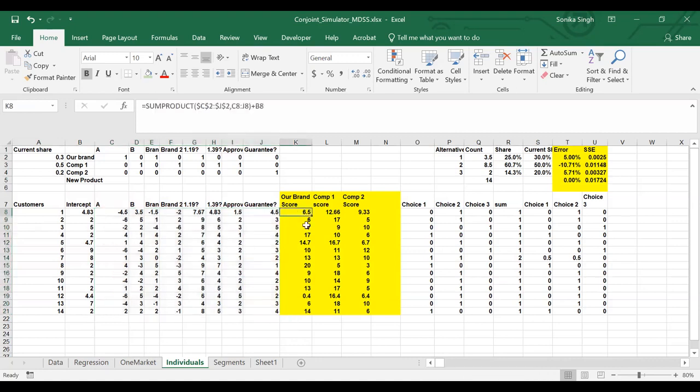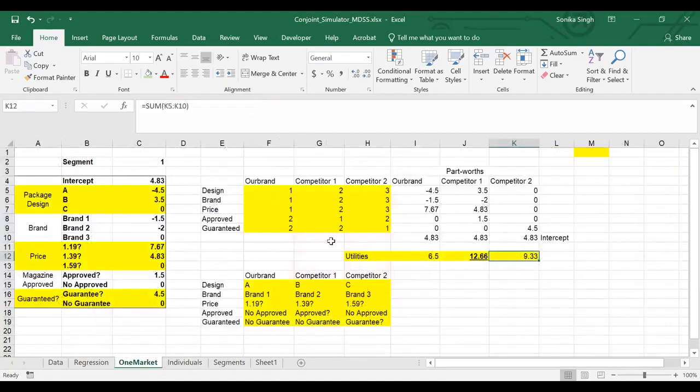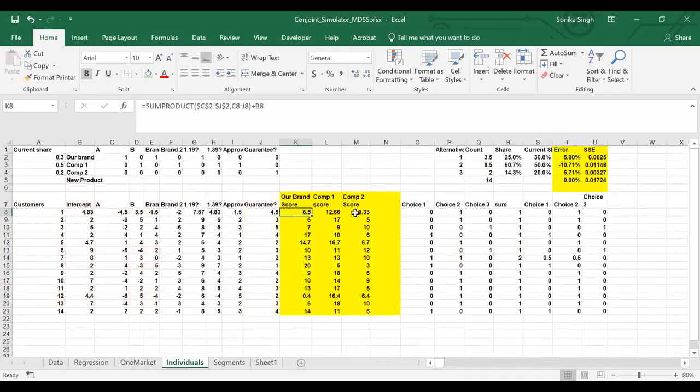Now, similarly for each of those consumers, you can calculate the utility scores for your brand and for the competitor brand, for the designs that were given in the previous sheet. So the same exercise: you calculated the total score for this consumer, pasted it over here, and calculated it the same way for all the other consumers.